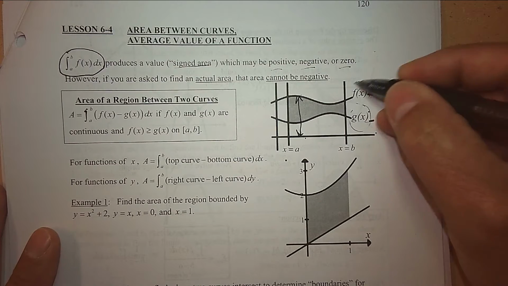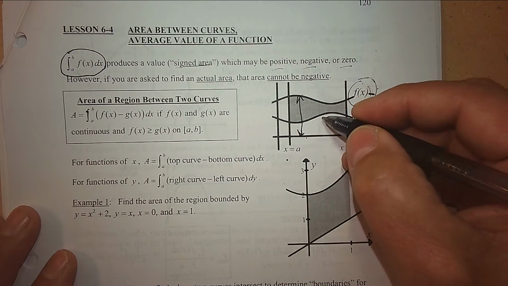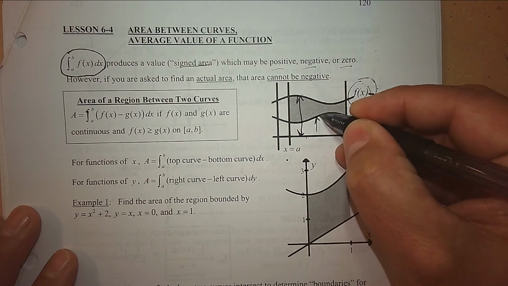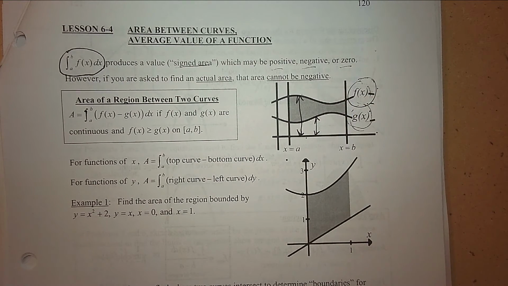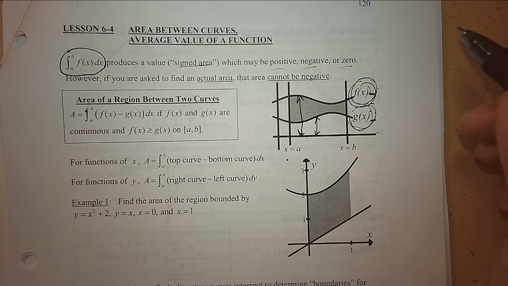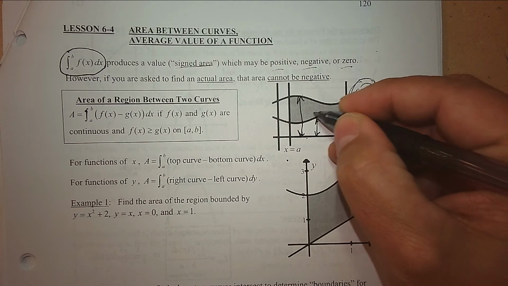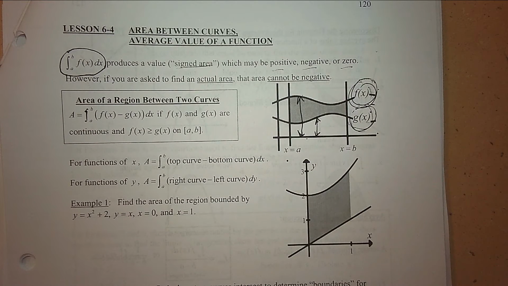If I just did the bottom, it's the area here, from that curve down to the x-axis. Does it make sense to you that when you subtract those two answers, what's left over is the area in between? So from the axes up, when you subtract, what's left over is the area in between.